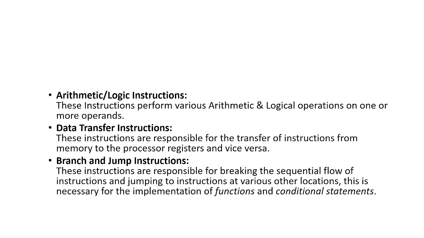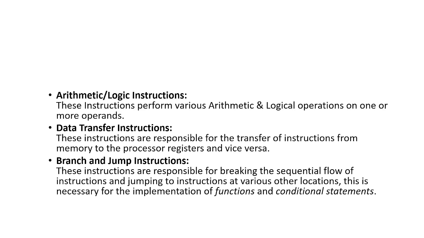So there are three different types of instructions we are going to perform: arithmetic and logical instruction, data transfer instruction, and branch and jump instruction. Based on arithmetic and logical instructions, we can perform arithmetic and logical operations. The data transfer, as I said earlier, is a transfer of instruction from the memory to the processor as well as the CPU, and vice versa is also possible.